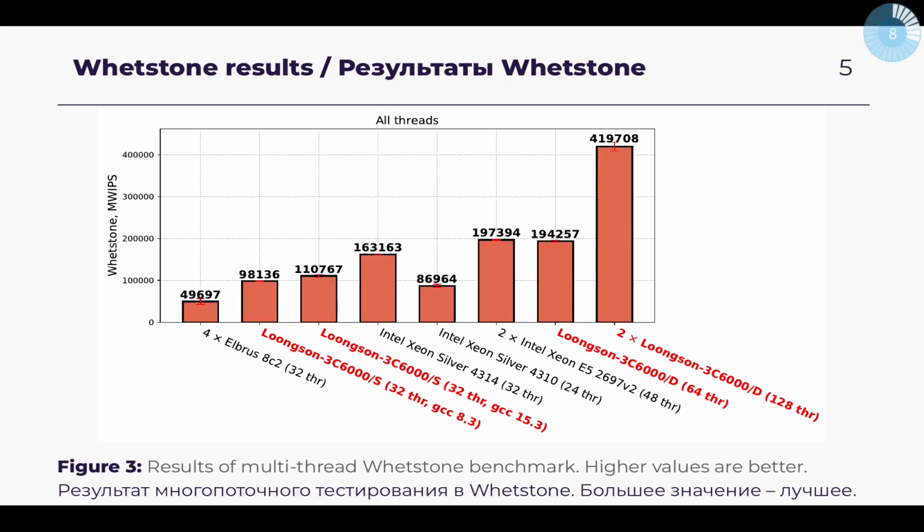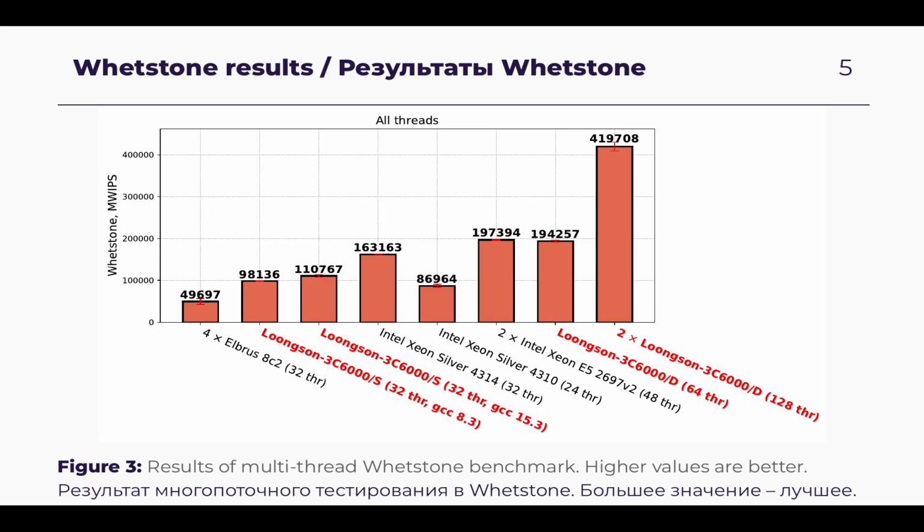Next slide. Also the multi-threaded result. There you see that Loongson C6000 is better than Intel Xeon Silver 4310 with fewer threads, and its performance is lower than Intel Xeon Silver 4314, but significantly better than Elbrus 8C2.